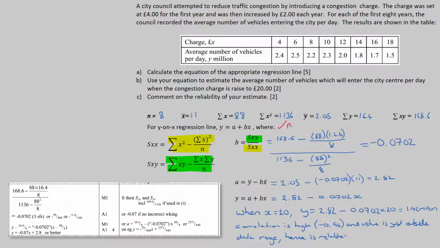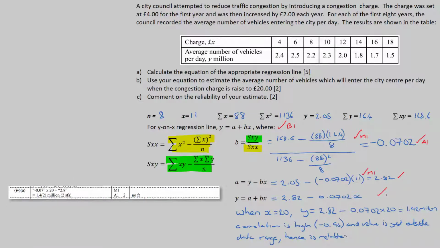Now, let's review the marks for our work. We have chosen the correct regression line, earning our first mark. We gain a method mark for the substitution and an accuracy mark for finding b, a second method mark for our calculation for a, and a second accuracy mark for the correct equation. For the second part of the question, we gain a method mark for subbing 20 into the equation and an accuracy mark for the correct answer.